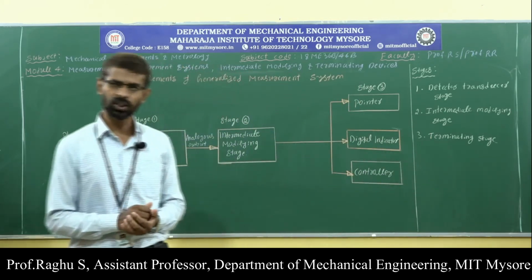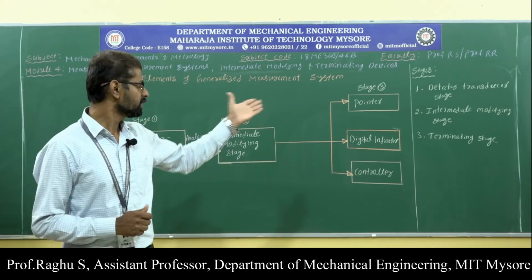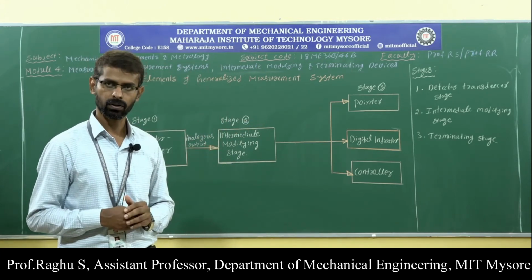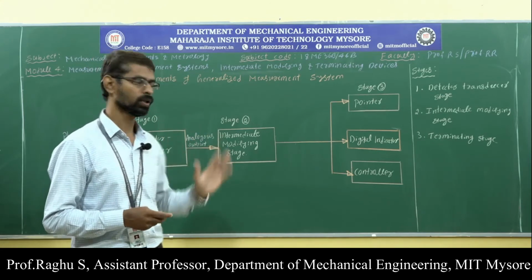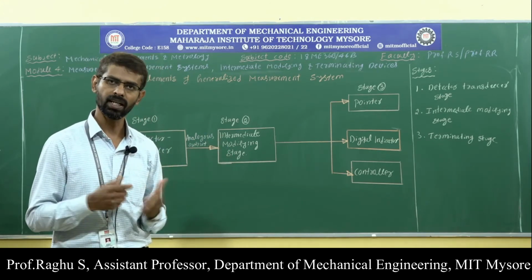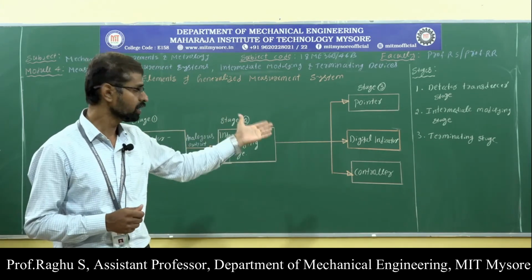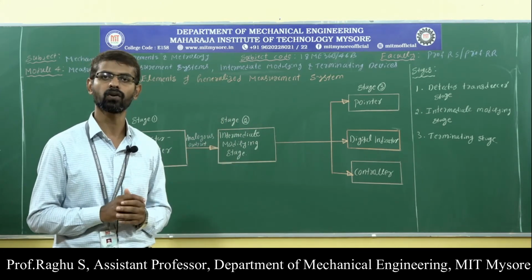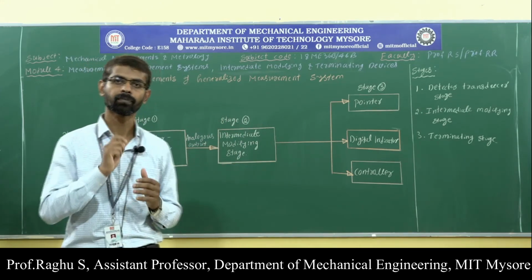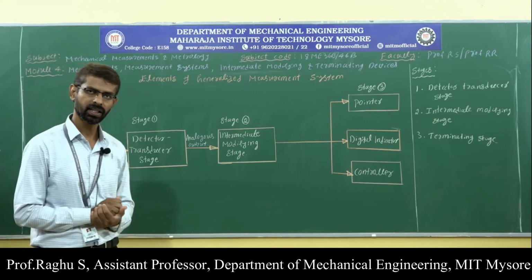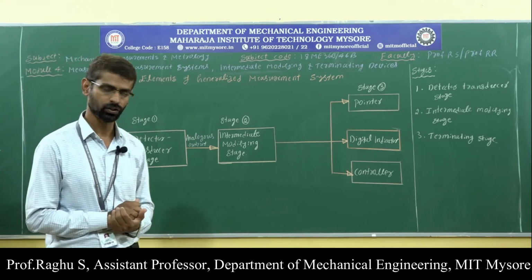You can take any measurement system, and these three elements are common. That's why it's called a generalized measurement system. Any measurement system needs these three elements in order to measure a physical quantity.